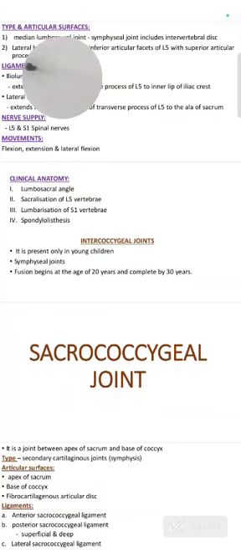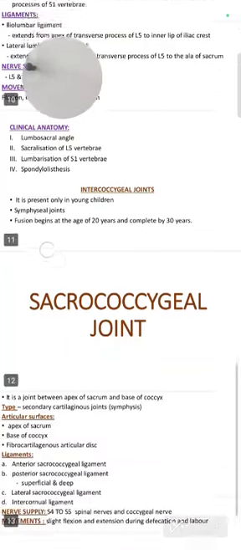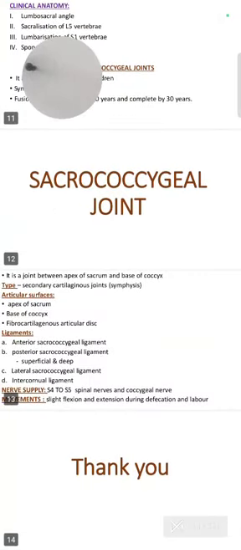Now the last one is the sacrococcygeal joint. This is the joint between the sacrum and coccyx, between the apex of the sacrum, that is the inferior end, and the base of the coccyx.